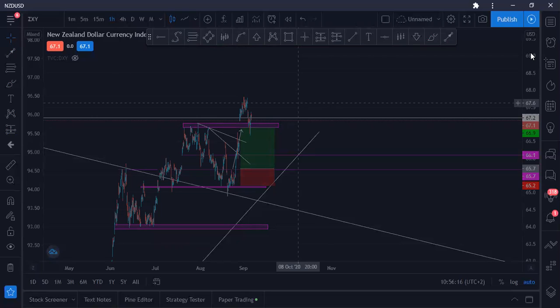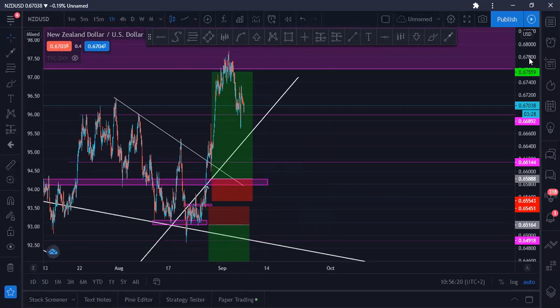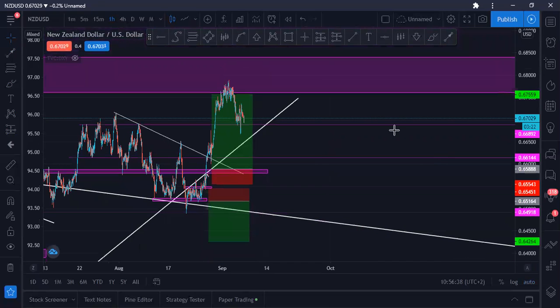Forgive my PC, it is pretty slow today. Awesome, this trade played out the way we wanted it to play out. Oh, okay, there's really no trade right now. I honestly feel like we should wait and see what happens.